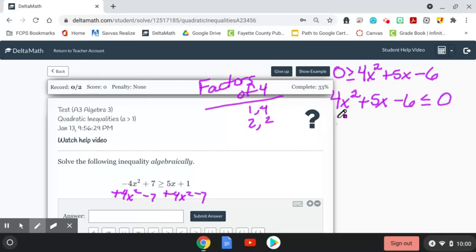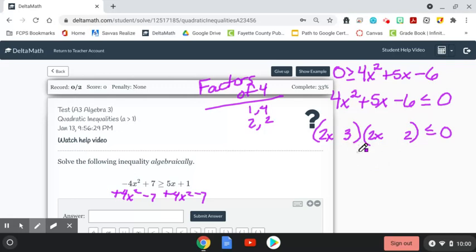Now let's try factoring. Okay, so let's try a 2x and a 2x to be factors of 4, and then to get a 6, let's try a 3 times 2.